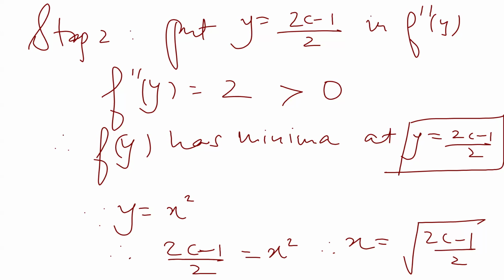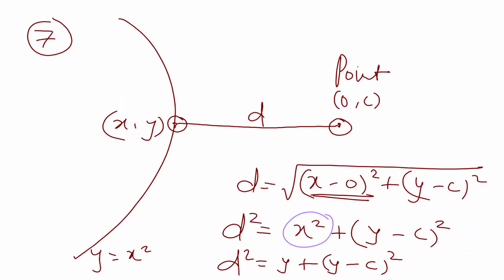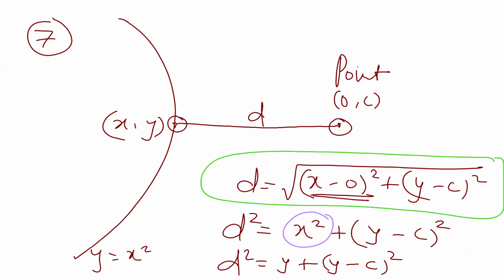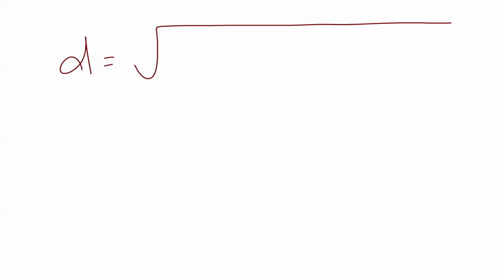So what is D? Okay, D is this. So I'll just take a new slide and write D equal to square root of x square plus y minus c the whole square.